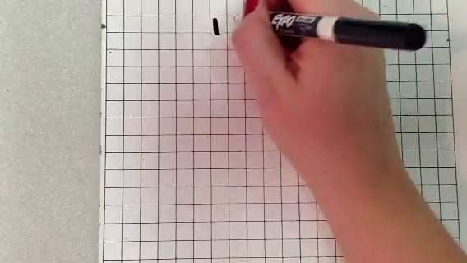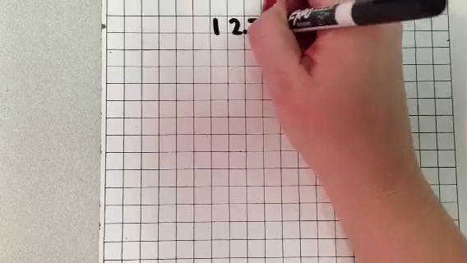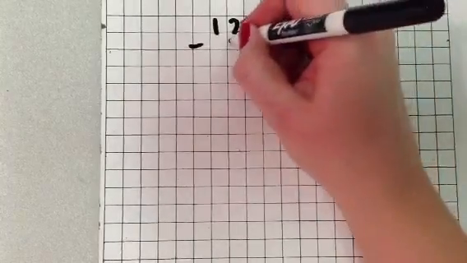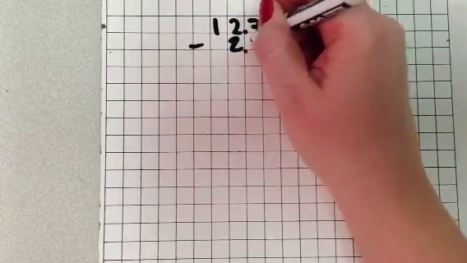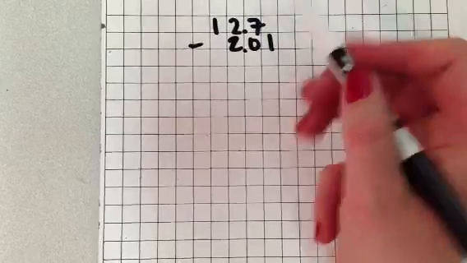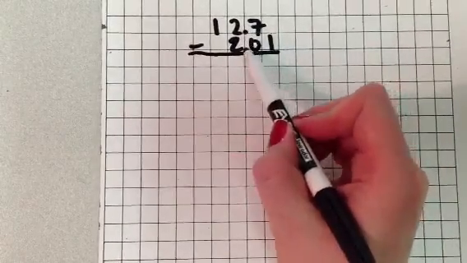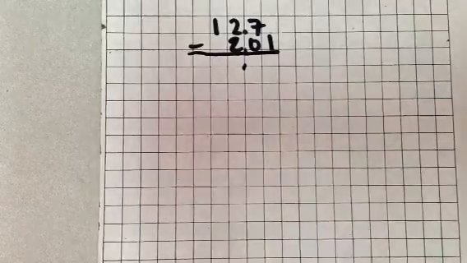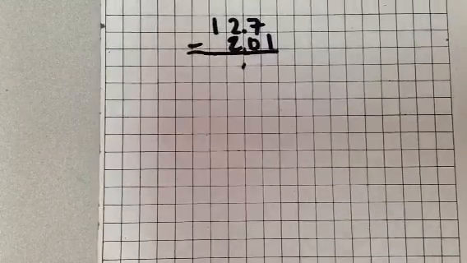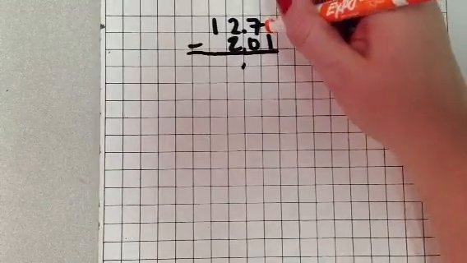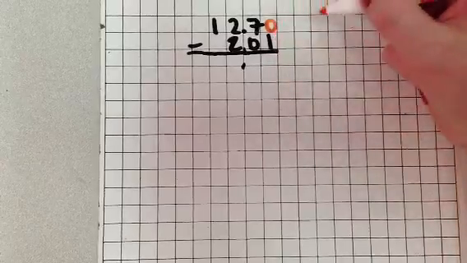I'm going to come over here and write that problem on my graph paper. 12.7 minus 2.01. And so even though I have decimal points, I know my decimal is going to live right there, I still have to fill this spot right here with a 0. I can't just put the 1 down.